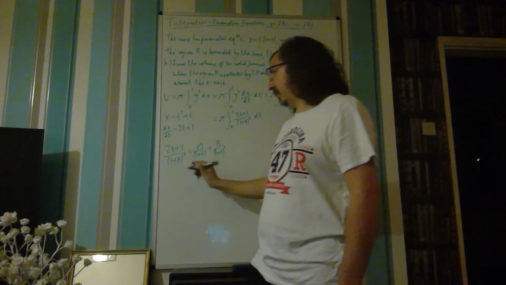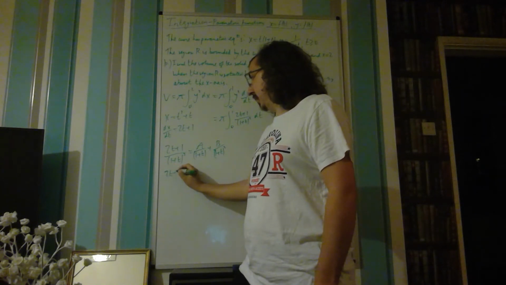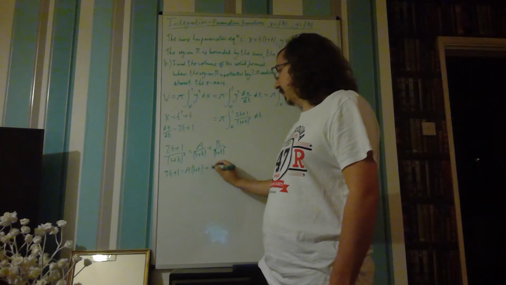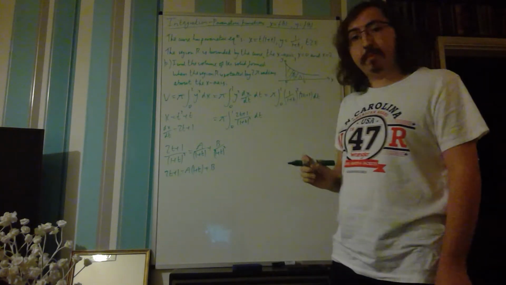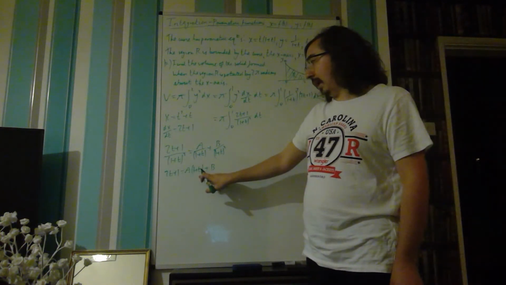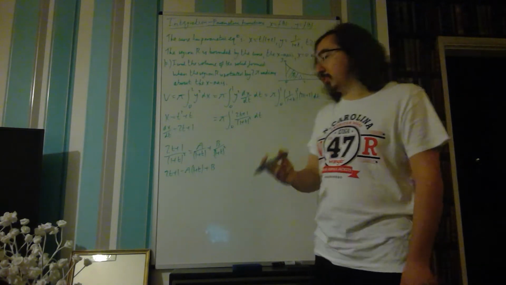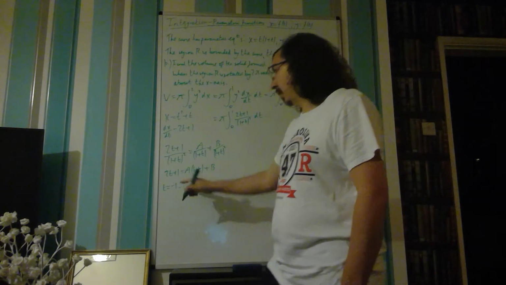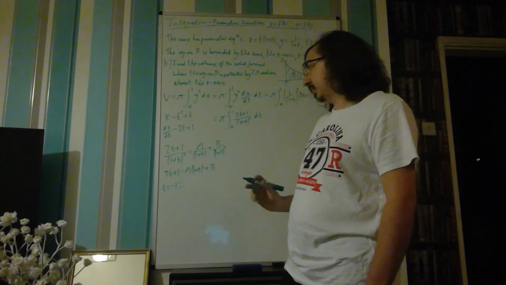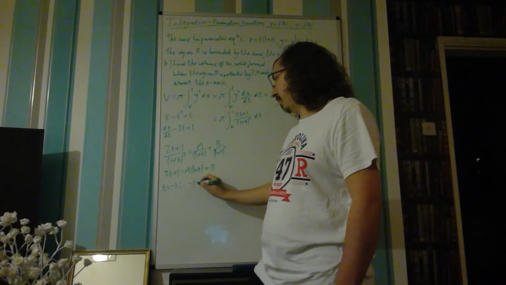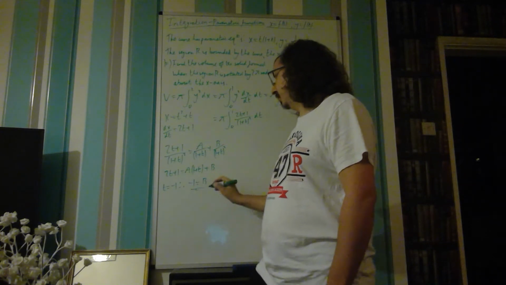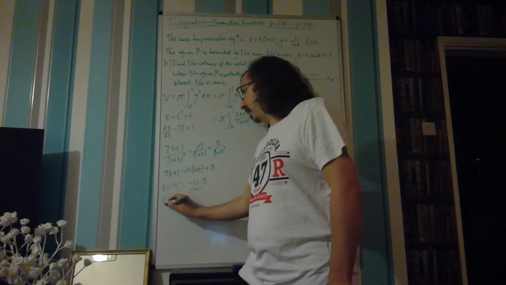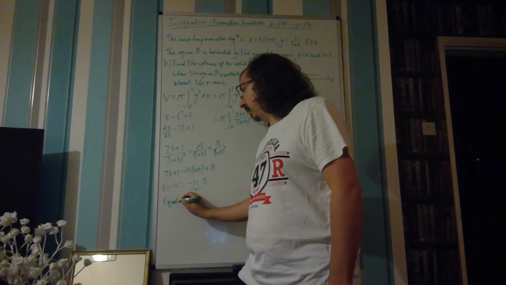Multiplying through by this denominator, 2t plus 1 is equal to a times 1 plus t plus b. To get rid of the a term, we can substitute t is equal to minus 1. So when t is equal to minus 1, 2 times minus 1 plus 1 is minus 1, which is equal to b.